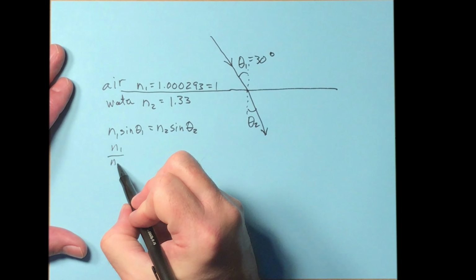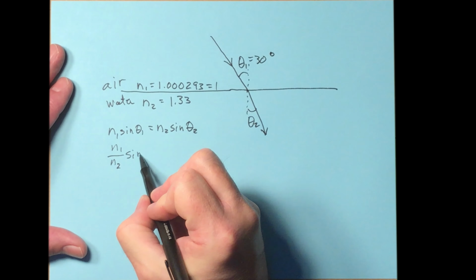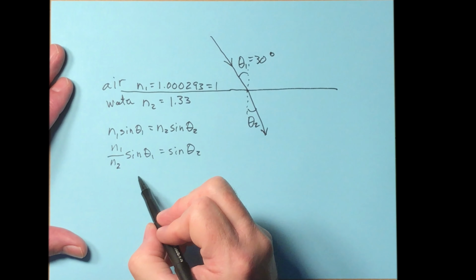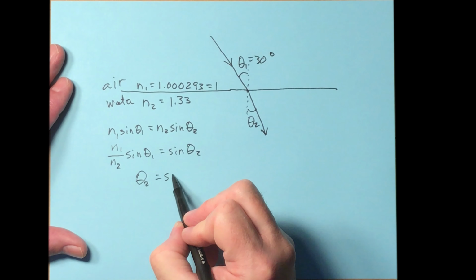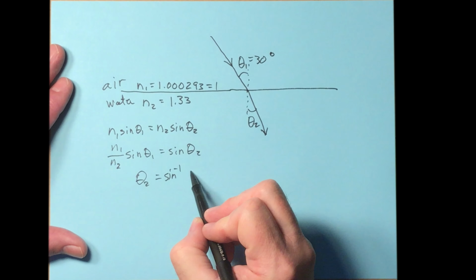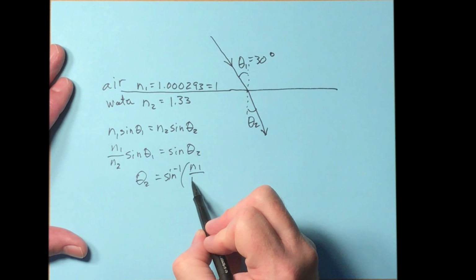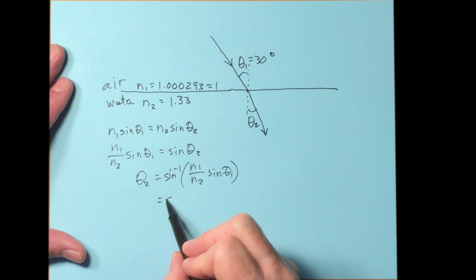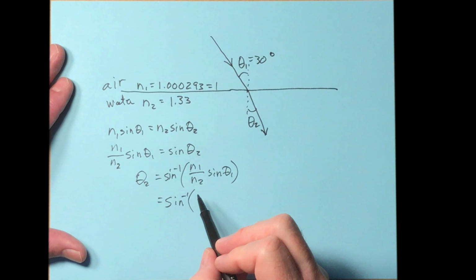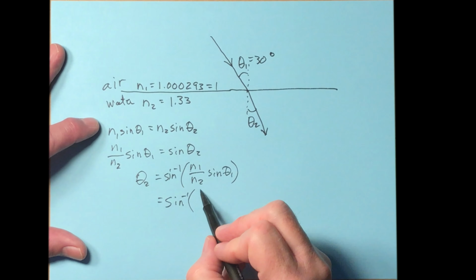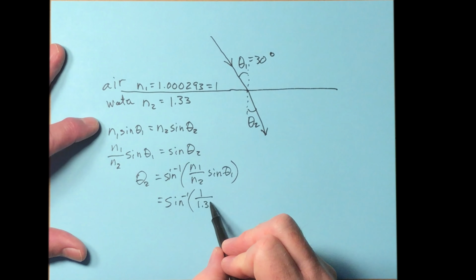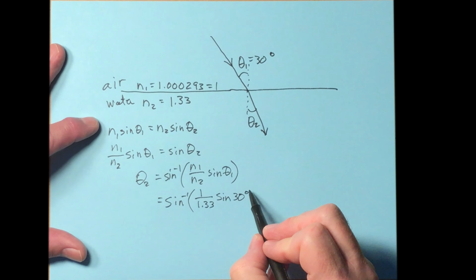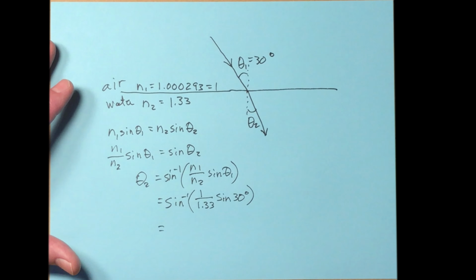N1 divided by N2 times sine theta 1 is equal to sine of theta 2. So theta 2 is just the inverse sine of N1 over N2 times the sine of theta 1. And that's going to be the inverse sine of 1 over 1.33 times the sine of 30 degrees. Plug that into your calculator.